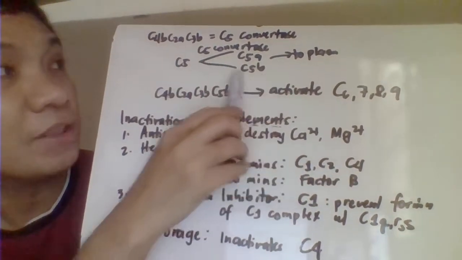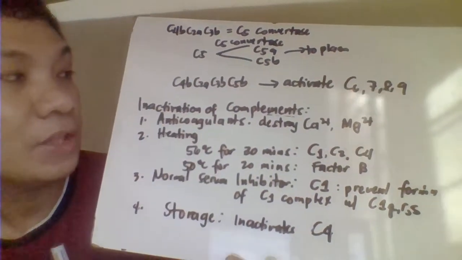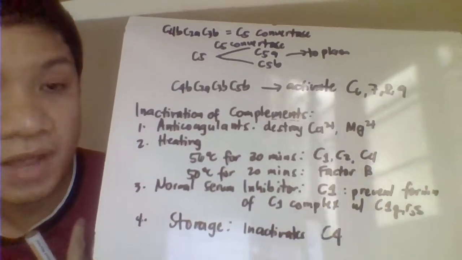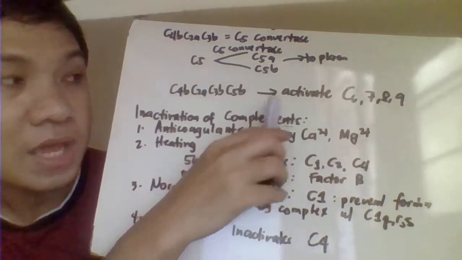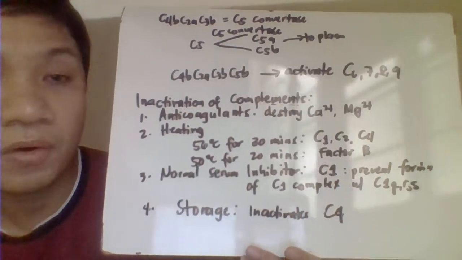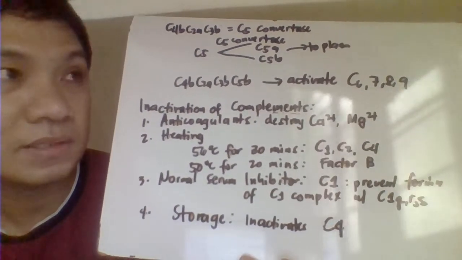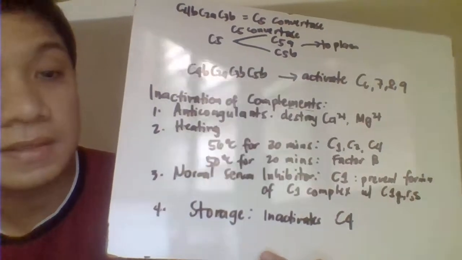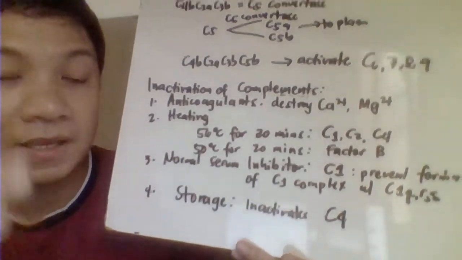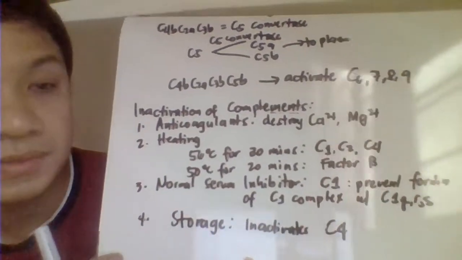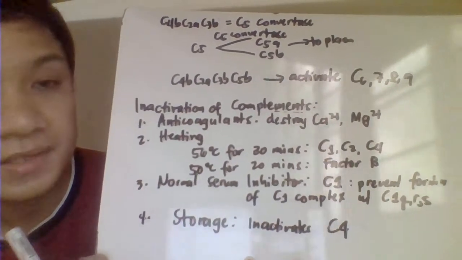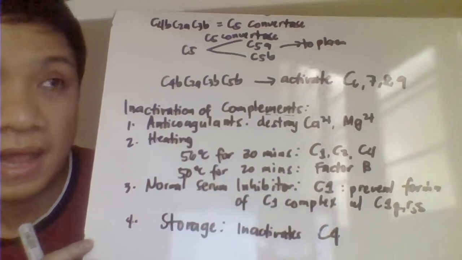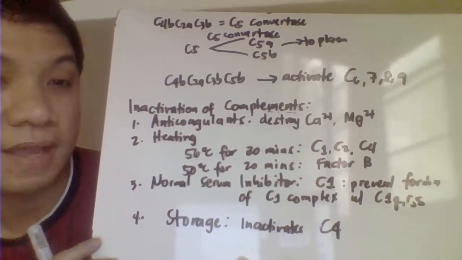The C5b will bind to that to form C4b2a3b5b, which eventually activates the last unit of your complement, the membrane attack complex, C6, 7, 8, and 9, and eventually results in the lysis of the surface membrane of our pathogen. So our mannose-binding lectin pathway is almost the same as our classical pathway.